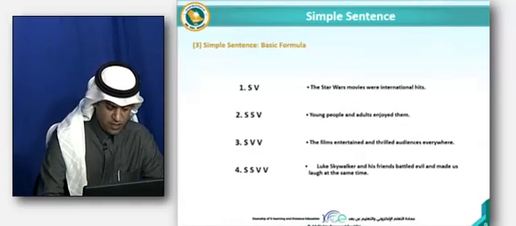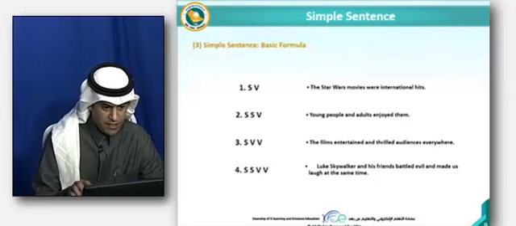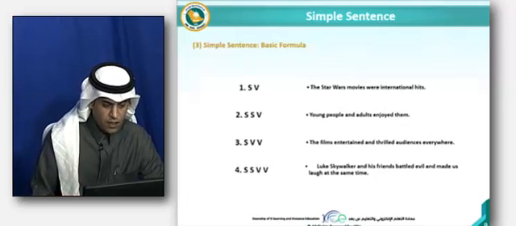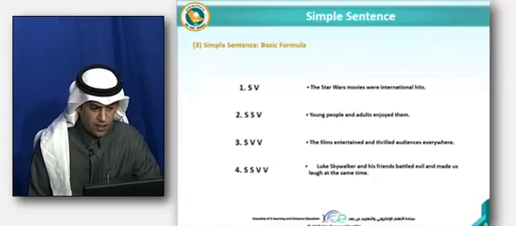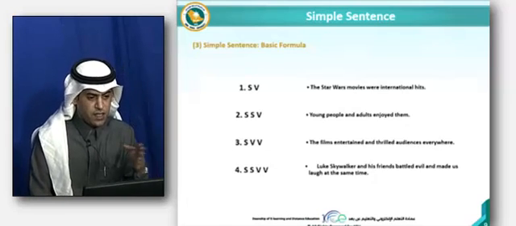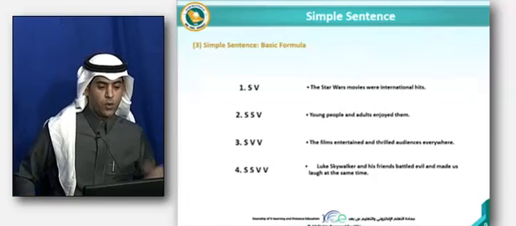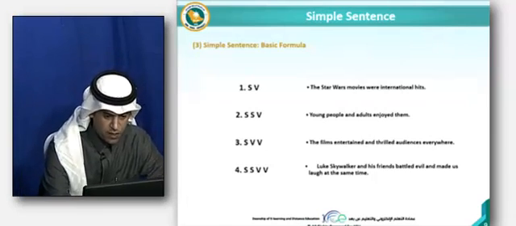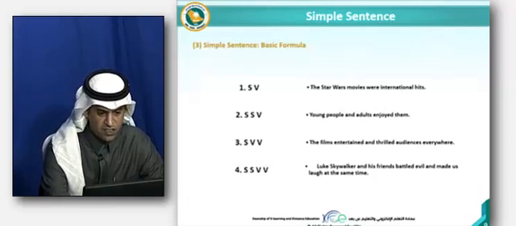Now let's move on to the next part, which is the basic formula. There are 4 possibilities of simple sentences in English. As you can see, the S here stands for the subject and V stands for the verb. The first possibility, or variation, is just a subject and a verb. Like: The Star Wars movies were popular. The Star Wars movies is the subject of the sentence, and were is the verb.